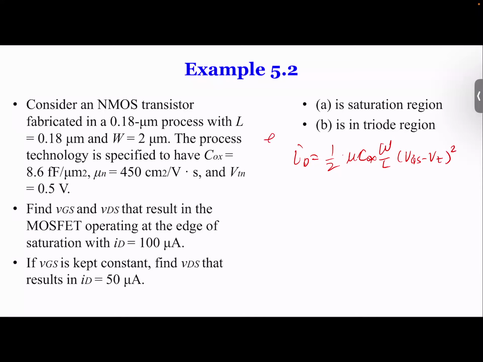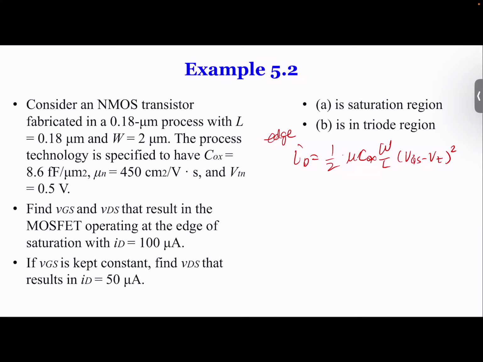At the edge, you can use either the triode equation or the saturation equation; they're going to merge at the same place. This equation is simpler, so we use this one. Mu is given, COX is given, W over L is given, ID is given, 100 micro, and VT is given. So you simply plug all the numbers in, and you should be able to get VGS.